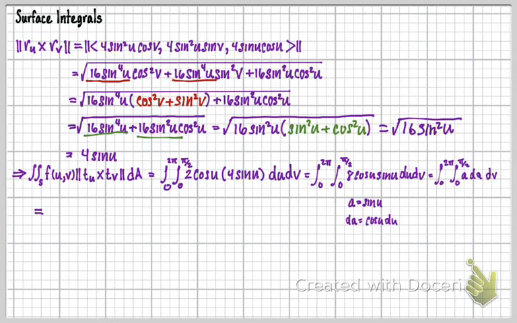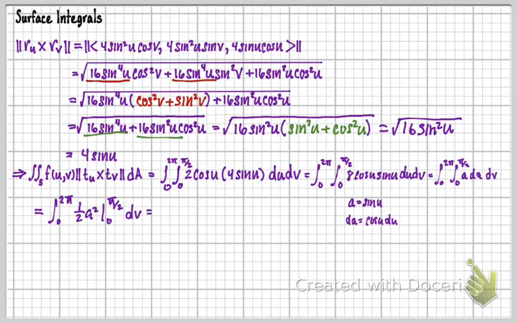Okay. So then when I integrate the a there, that's going to be 1/2 a squared. So the integral from 0 to 2 pi, and then 1/2 a squared from 0 to pi over 2, and then dv.